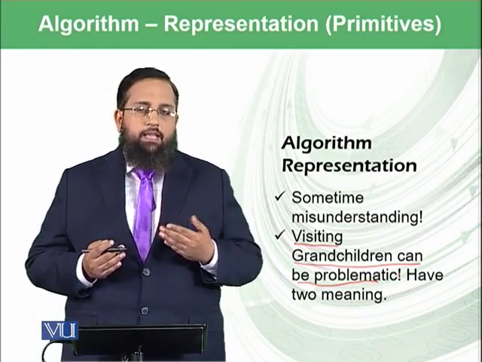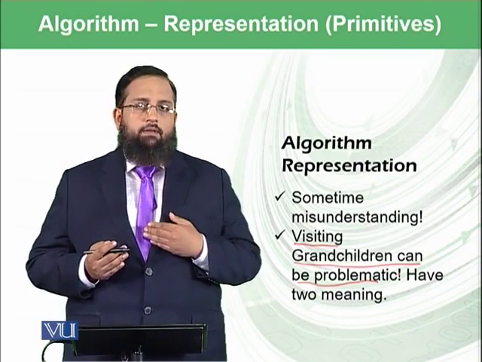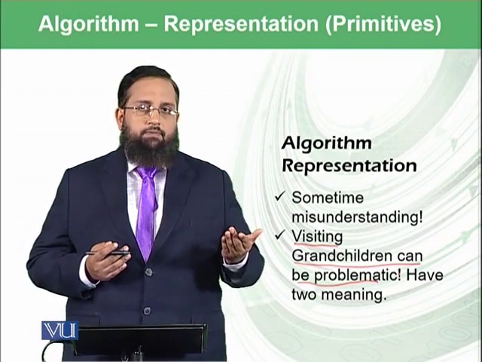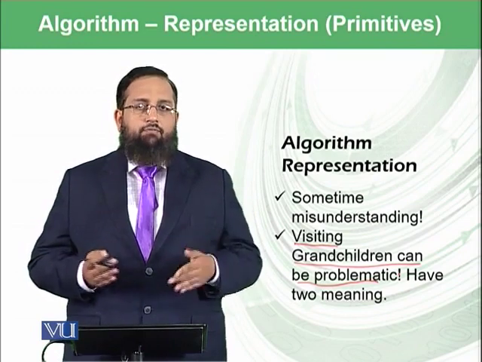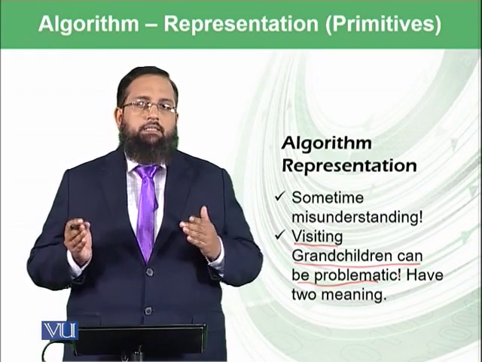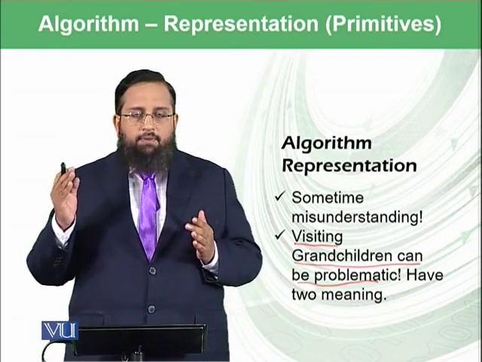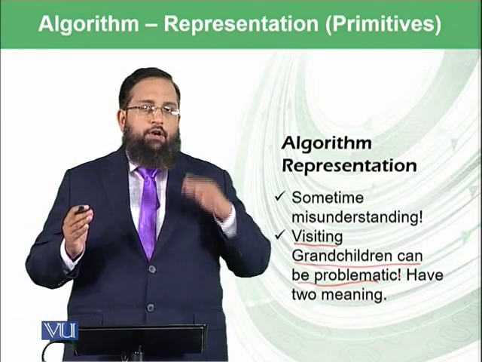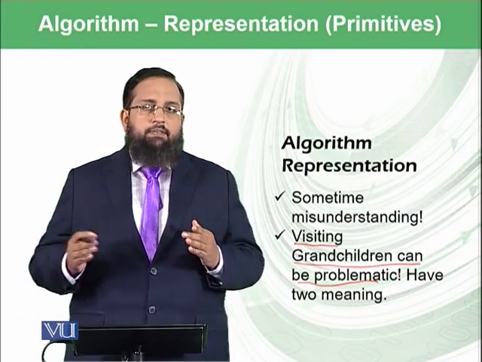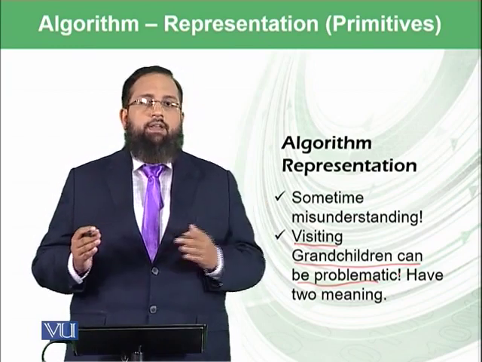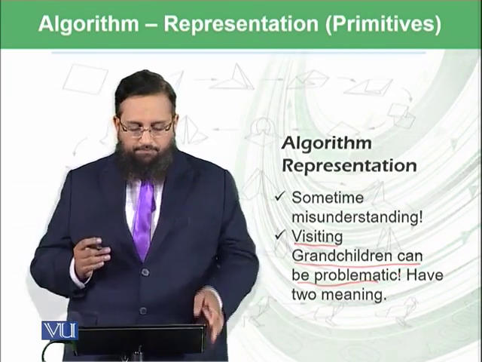So even the language humans speak could have ambiguous meanings, and if a computer had such ambiguous meanings, then an algorithm defined by one person could produce different results when represented in one form and different results when represented in another form.